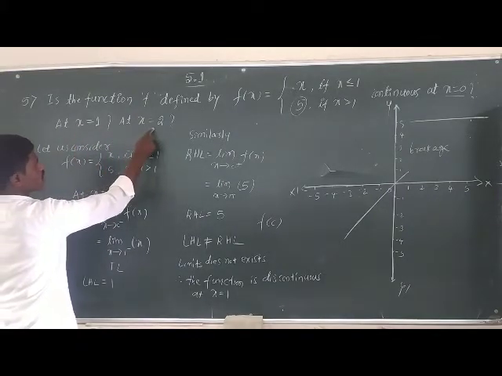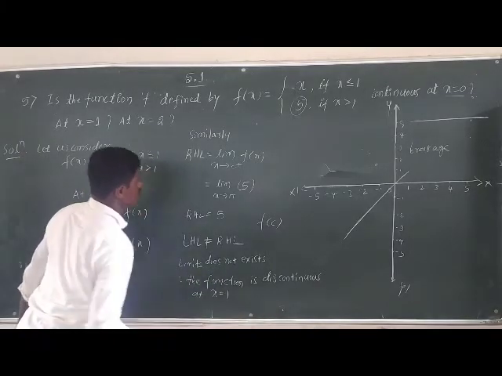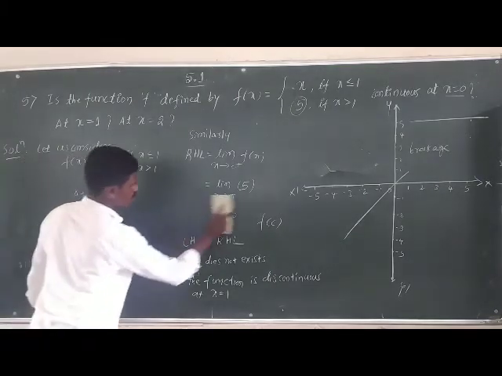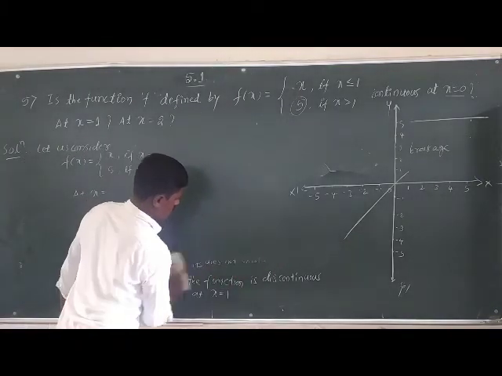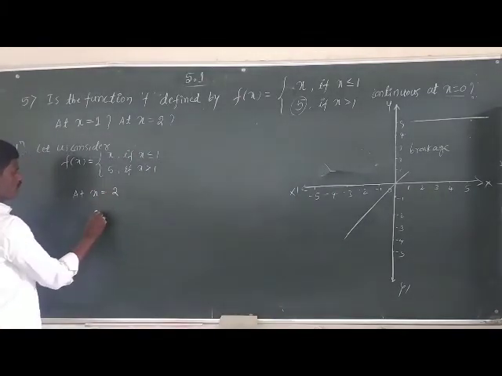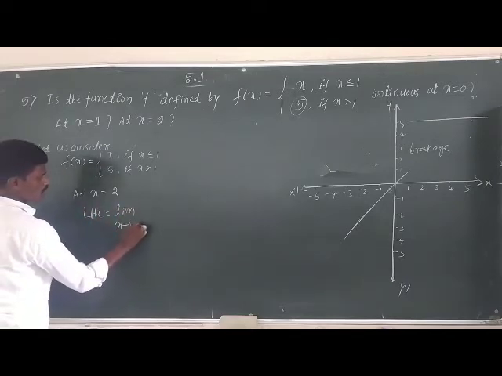Similarly, to find the continuity of the function at x equals 2. At x equals 2, LHL is equal to the limit as x tends to 2 minus.